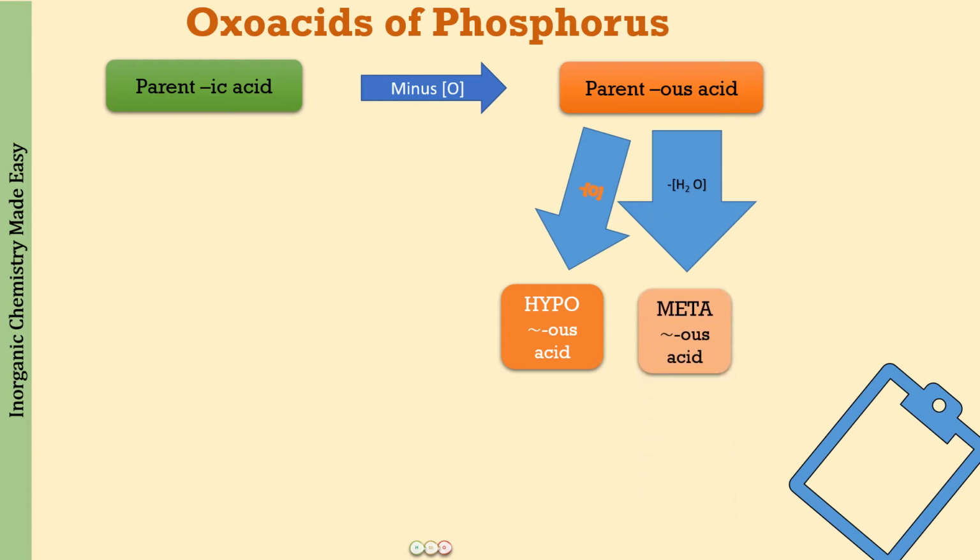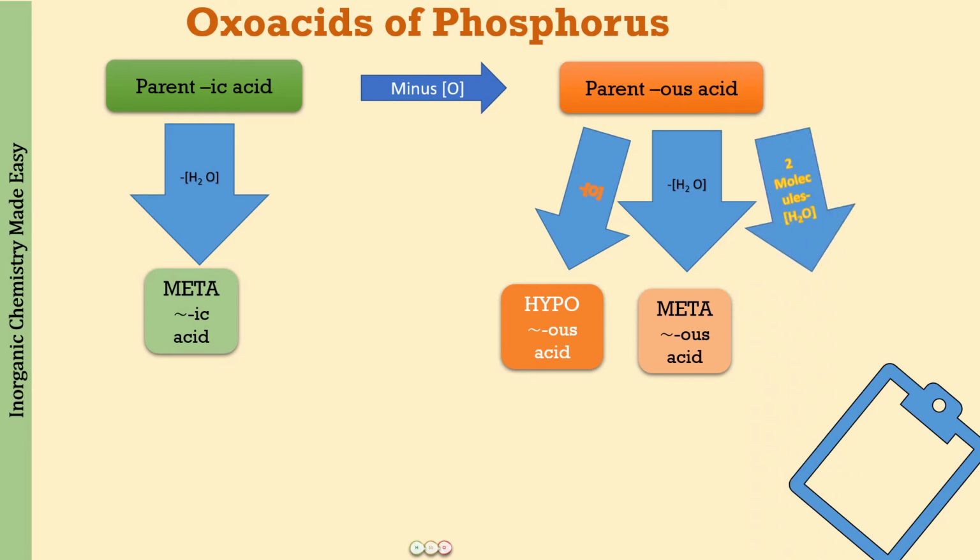And on the other side, you can subtract one H2O from the -ic acid also, and what you will be getting is a meta-ic acid, right? So meta-ic is going to be minus one water from the -ic acid, and meta-ous acid is minus one water from the per-ous acid.